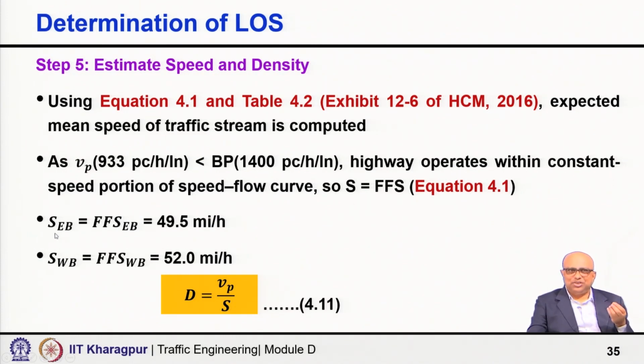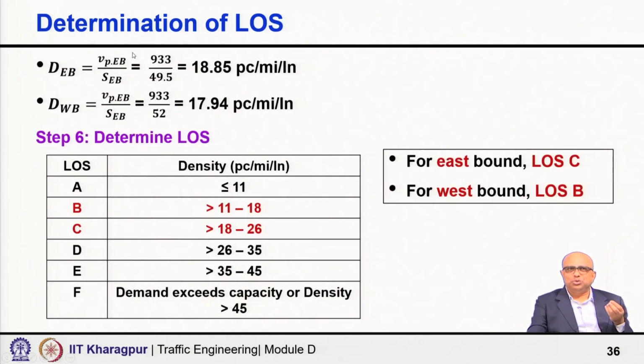So, for eastbound it is 49.5 and for westbound the final speed is 52. Then we can calculate the value of D, the density. We know Vp and we know S for eastbound and westbound, so the two cases we have to calculate separately.